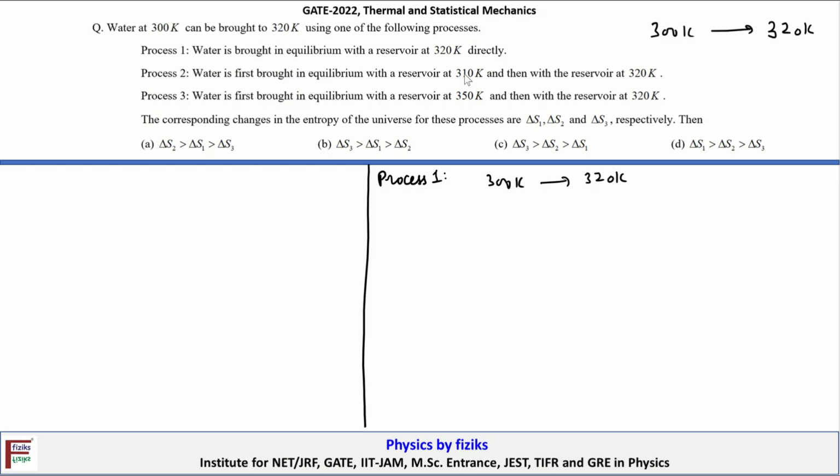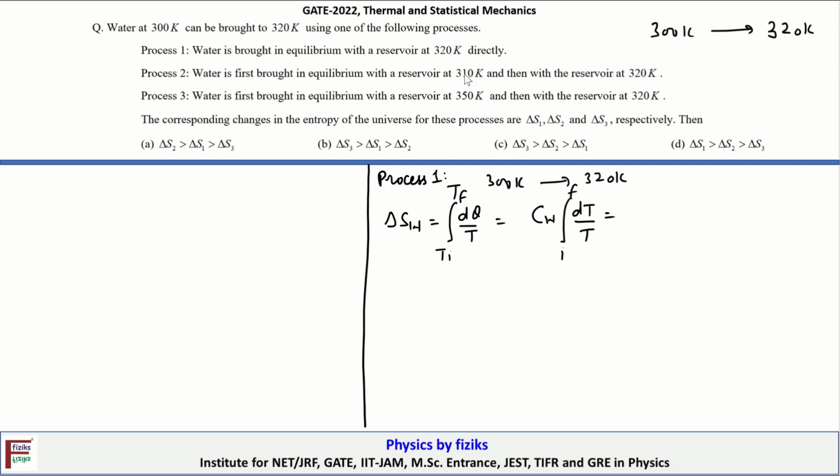The corresponding change in entropy of the water, delta S water, is equal to the integral of dq by T, with temperature changing from Ti to Tf. Now dq is equal to the principal heat capacity of water, Cw dT, so the integral of Cw dT by T from initial temperature i to final temperature f.